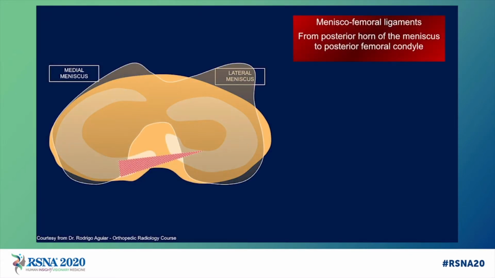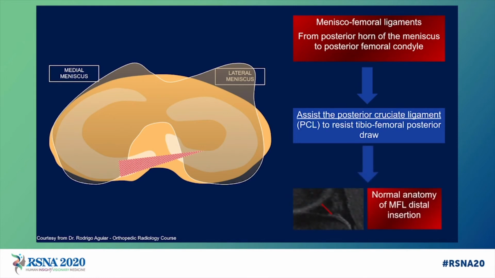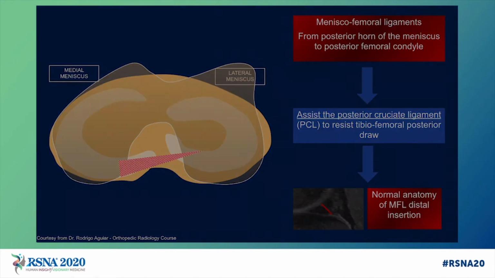So here we have the meniscofemoral ligament from the posterior horn of the meniscus to the posterior femoral condyle. This ligament assists the posterior cruciate ligament to resist tibiofemoral posterior drawer. And this is the normal anatomy of the meniscofemoral ligament distal insertion.